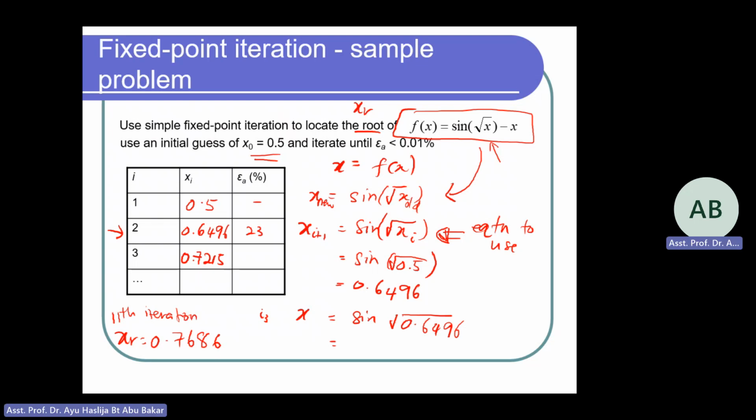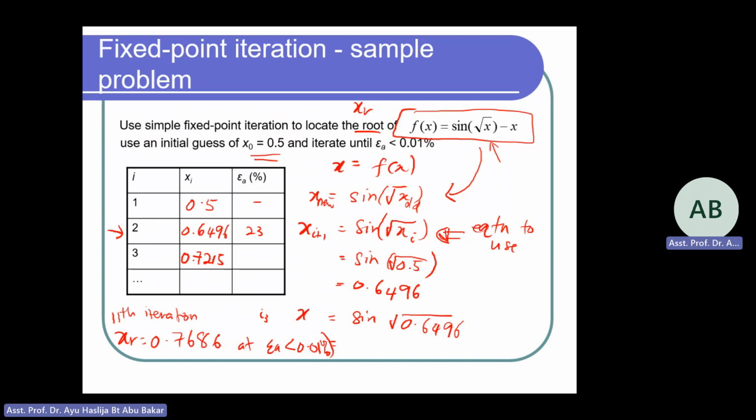But if from the beginning you use 5 to 6 decimal points, your iterations will be reduced. As long as you get the XR at EA lesser than 0.01%, you can stop already. So your XR is around this figure, 0.7686. The rest you should try to proceed until you get the EA later.